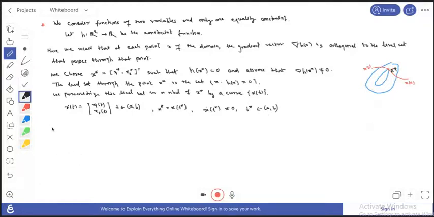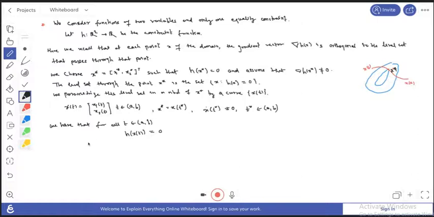So for all t in the interval a b, h of x equals 0. So you can write h of x of t equals 0 here, with x parameterized by the curve x of t.